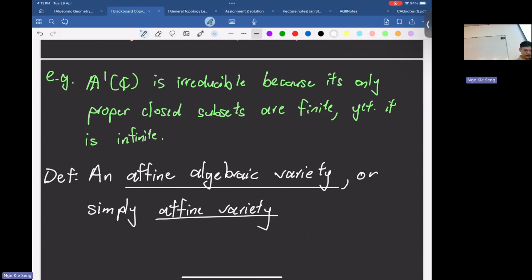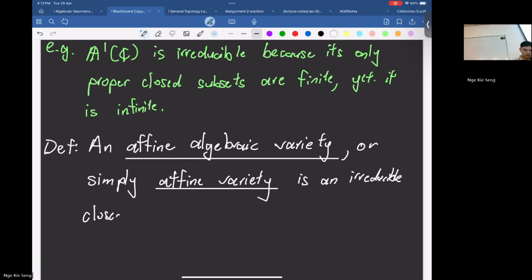So what's an affine variety? An affine variety is an irreducible closed subset of A^n with the Zariski topology.